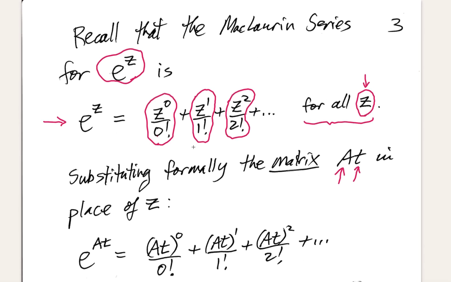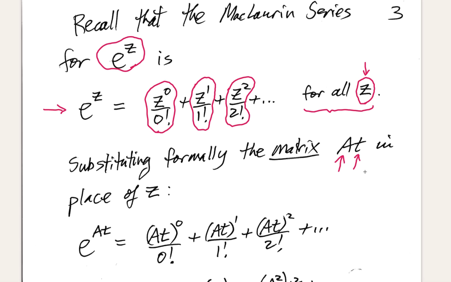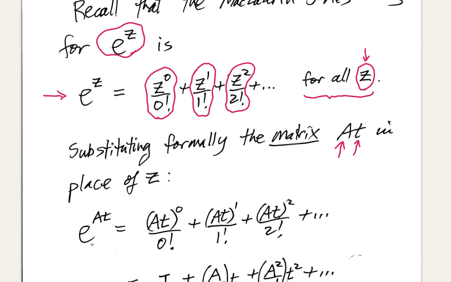What if I was to just formally replace z by the quantity a times t? Then e to the AT would be AT to the 0 power over 0 factorial plus AT to the first power over 1 factorial plus AT squared over 2 factorial plus so on and so forth.